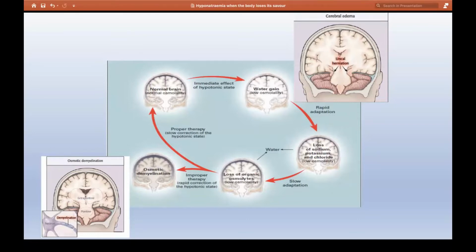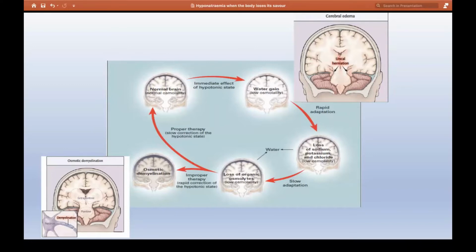If you see your right upper part, you see cerebral edema, the brain swelling up, and then the brain matter trying to expand through the limited orifices or the various pores inside the brain, therefore causing uncal herniation, brain herniation, and even death.